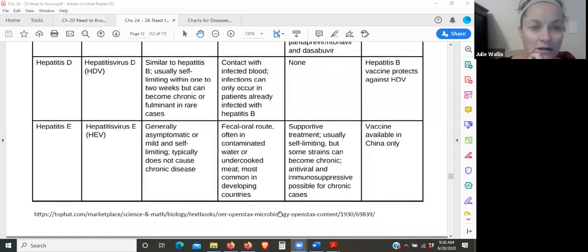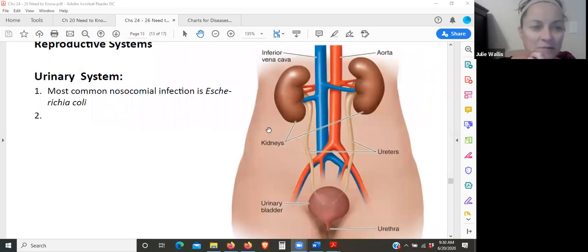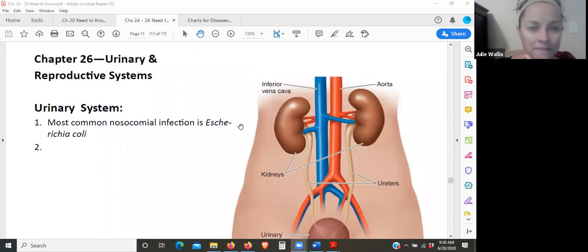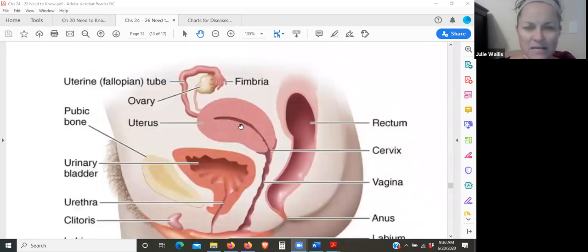And then, the most common nosocomial infection for UTIs is Escherichia coli. You do need to know that. That's not in your diseases chart. I think it might be in there, I don't know.